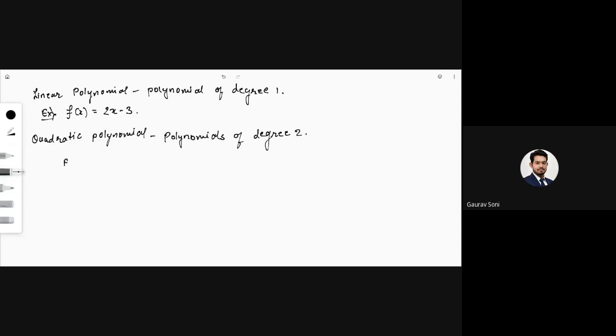Okay, example, f of x is equal to, let me ask, yes, Smriti, x square plus 4x plus 4. Okay. Then there are, okay, fine.